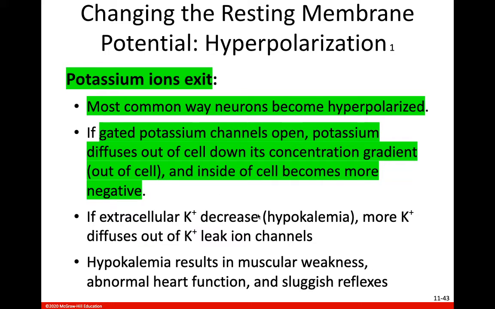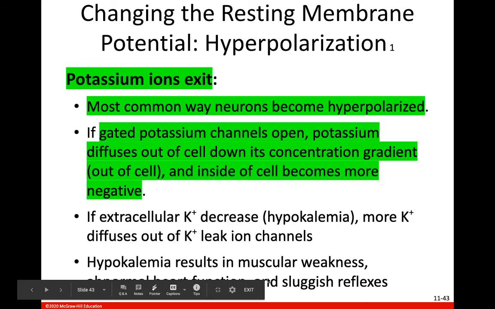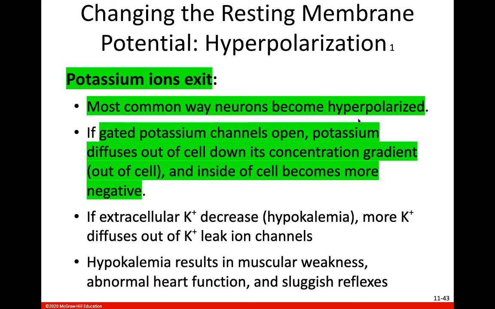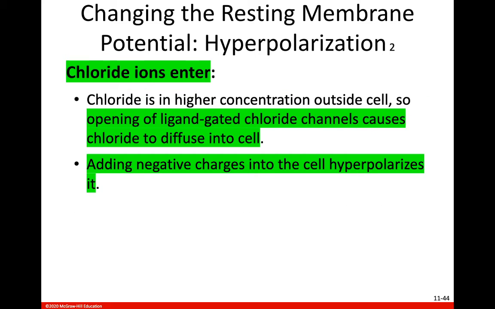And when this happens, as I said earlier, it can result in muscular weakness, problems with your heart beating, problems with your reflexes being sluggish, again, because we are letting too much potassium out of the cell, causing the inside of the cell to become more negative than it normally would be.